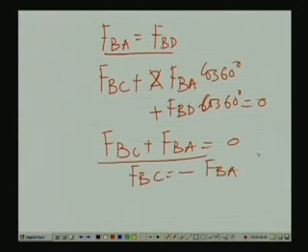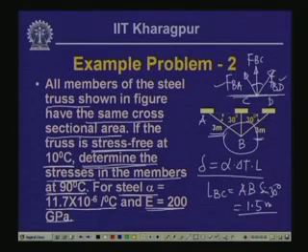Now, thereby it says that if because of the change in the temperature, the central member is undergoing extension or there is a tensile force in the bar FBC, then FBA and FBD will be subjected to compressive forces.